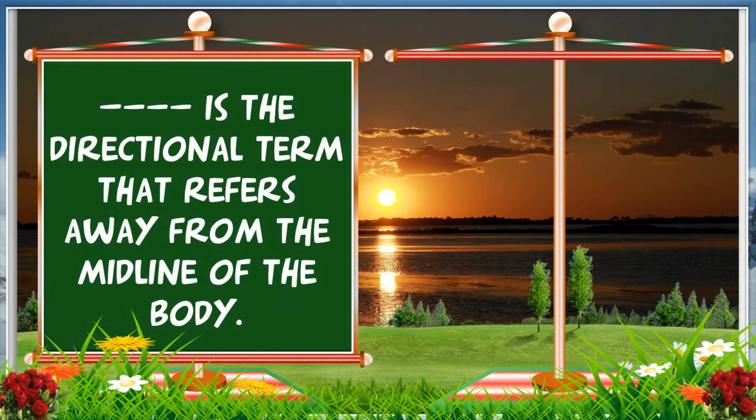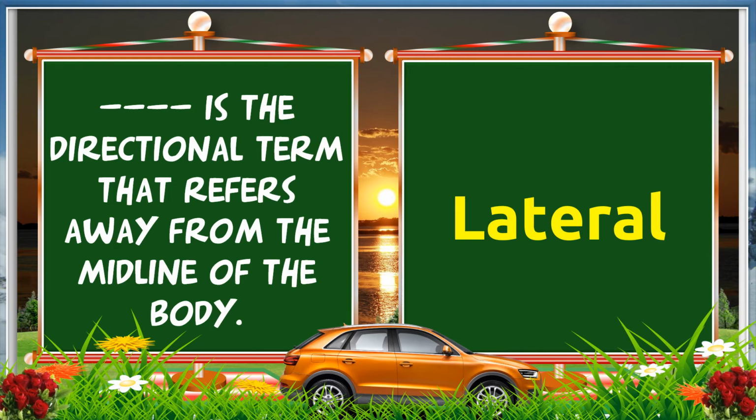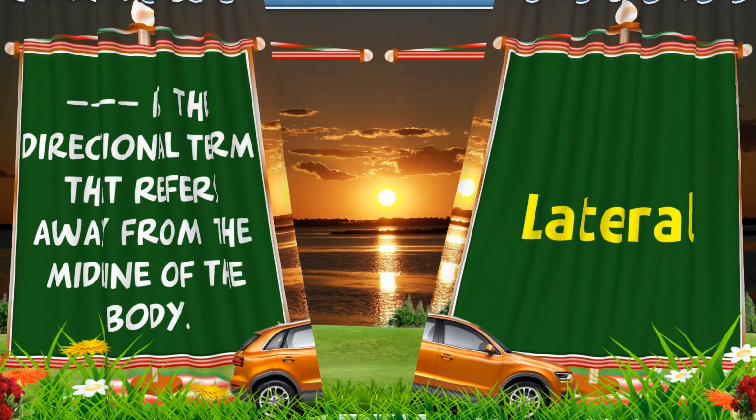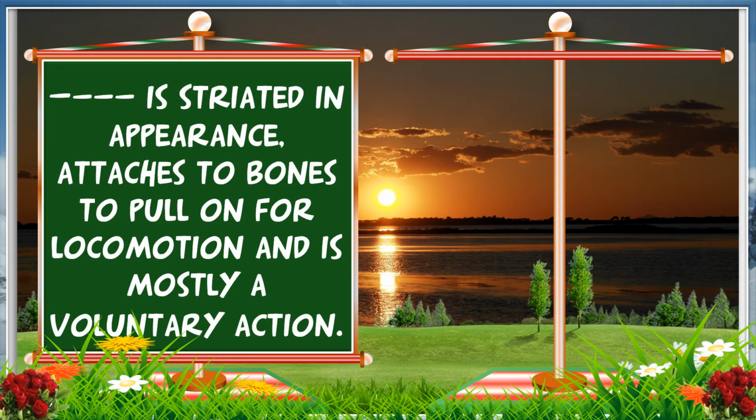Dash is the directional term that refers away from the midline of the body. Lateral. Dash is striated in appearance, attaches to bones to pull on for locomotion, and is mostly a voluntary action.